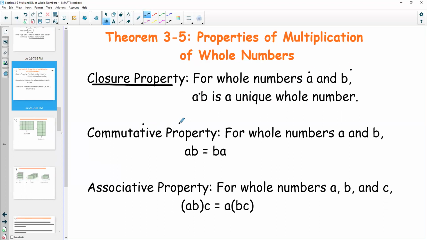Multiplication is commutative. So 4 times 5 is the same as 5 times 4, which is why we don't want to tell them which direction their area model goes, because it doesn't matter. Multiplication is also associative. So 3 times 4 times 2 is the same as 3 times 4 times 2. Doesn't matter which way you do it, just matters that you multiply them.